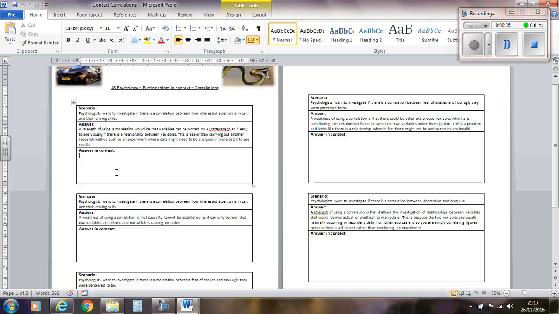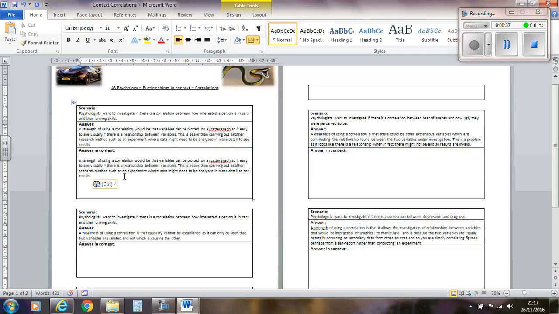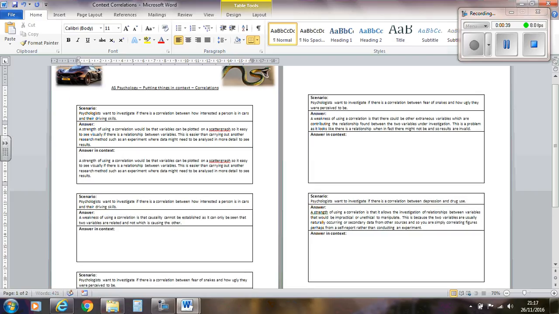So if we copy that in there, the strength of using a correlation would be that the results of how interested a person is in cars and their driving skills can be plotted on a scatter graph so it is easy to see visually if there's a relationship between them.